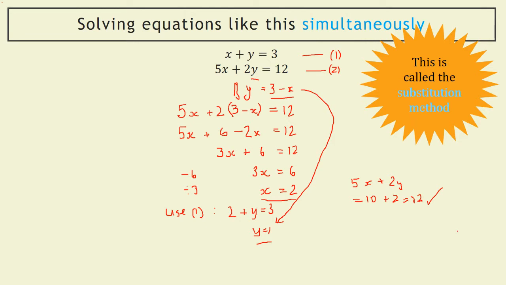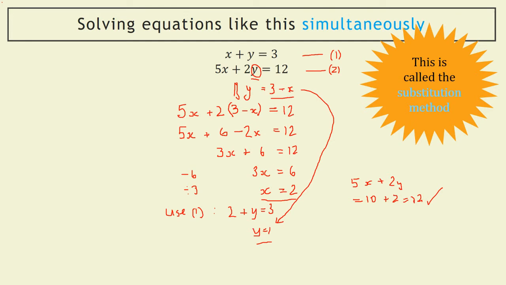Okay? So the keys to this method are: take one of the equations and rearrange it, so you say y equals. Substitute that into the other equation, so where we've got y, we write the expression for y. Multiply out your bracket, and then you're on to doing equations that you know what to do with.